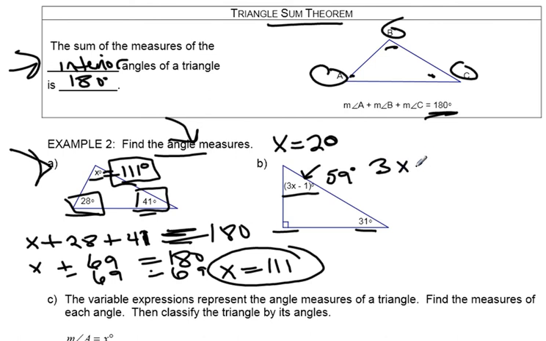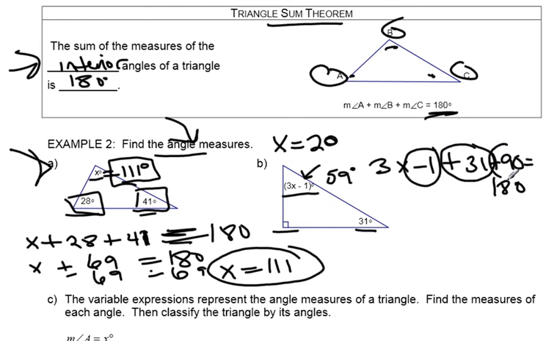The 3 interior angles of a triangle add together, so 3x minus 1 plus 31 plus 90 equal 180 degrees. I'm going to combine my like terms, negative 1, positive 31, and 90 gives me 120. So 3x plus 120 equals 180.